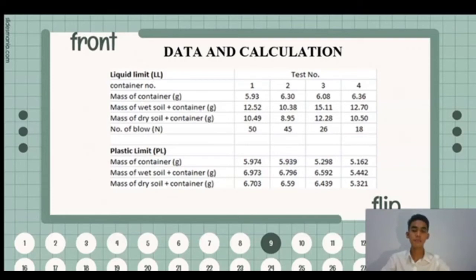Mass of wet soil plus container: 6.973, second 6.796, third 6.592, and the last one is 5.442. Mass of dry soil plus container: 6.703, second 6.59, third 6.439, and the last one is 5.321.